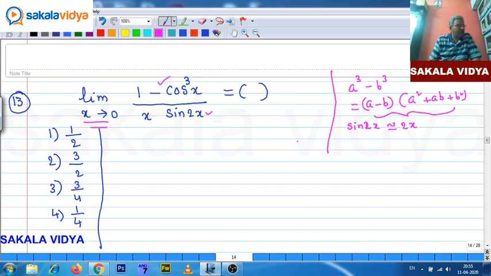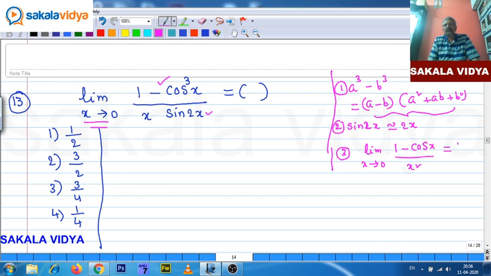And third, limit x approaches 0 of (1 minus cos x) by x square, which we already discussed yesterday, is 1 by 2. This is standard. So now let us apply these plans.